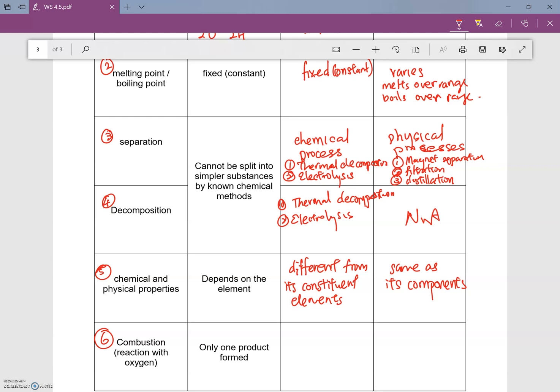Whereas if it is a compound, you may get two or more products formed. Same thing for mixture, because it has different things within it, so there will also be two or more products formed.